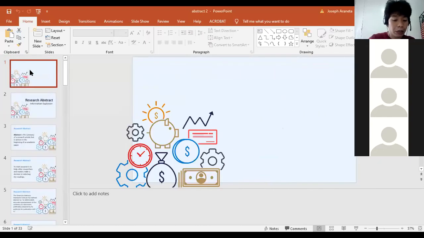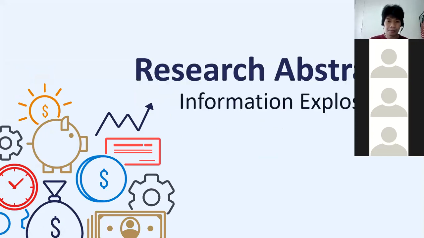I know you already oriented about this one because I already discussed this in EAPP. Let's just have a refresher for this topic. Okay, research abstract, information explosion. In this age of information, we are bombarded with a lot of information.